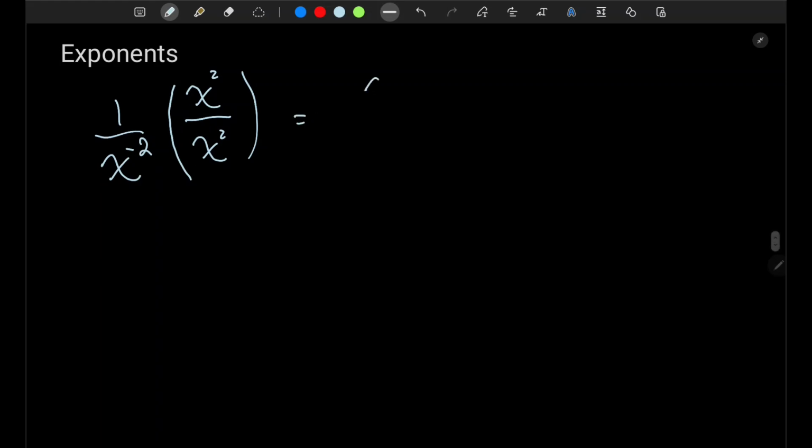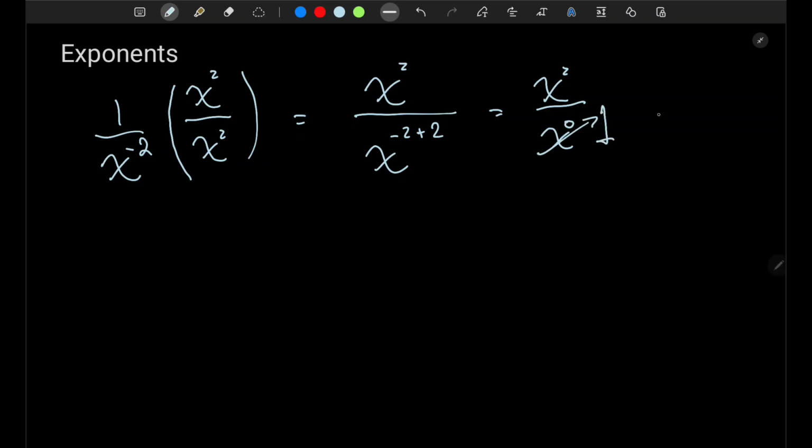We get x squared on the top over x to the minus 2 plus 2, which is x squared over x to the 0, where x to the 0 equals 1. And so we're left with x squared.